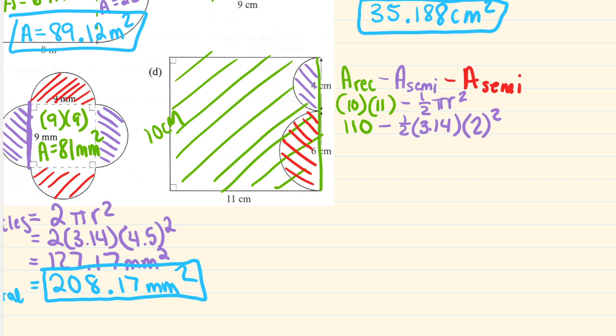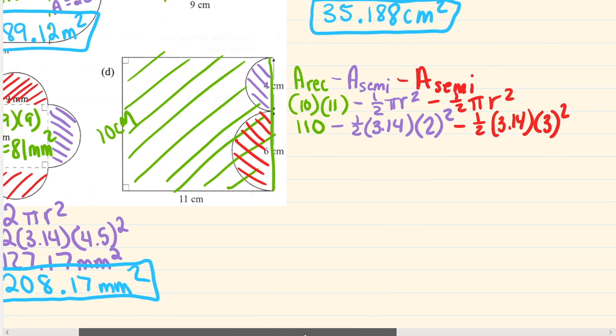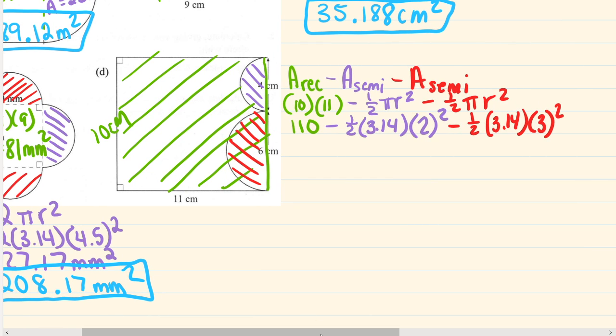And then for the next semicircle, 1/2 again, 1/2 pi. Halfway across 6 is 3, so we'll plug in a 3 for that radius.